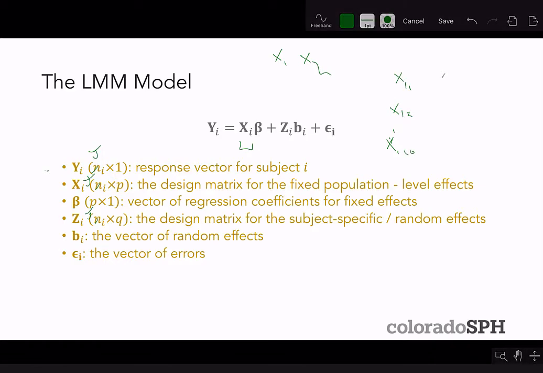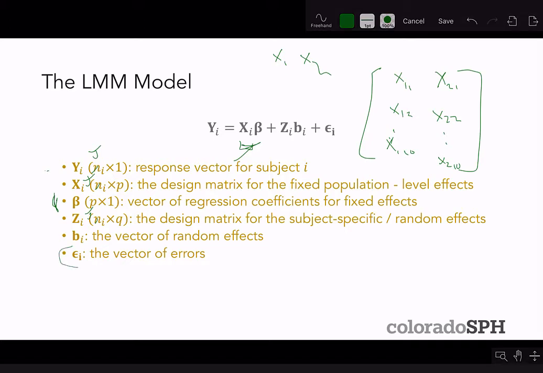And then similarly, x2 at the first time point, x2 at the second time point, up to x2 at the 10th time point. So that's going to be a matrix with rows equal to the number of observations of the outcome for that subject, and columns equal to the number of covariates. Beta are your standard regression coefficients for the fixed effects.